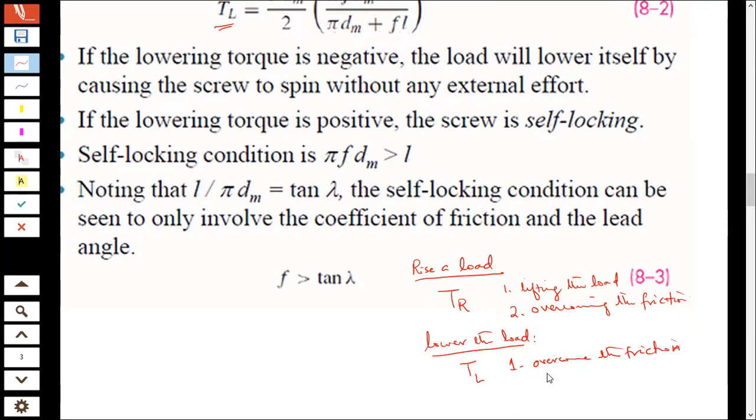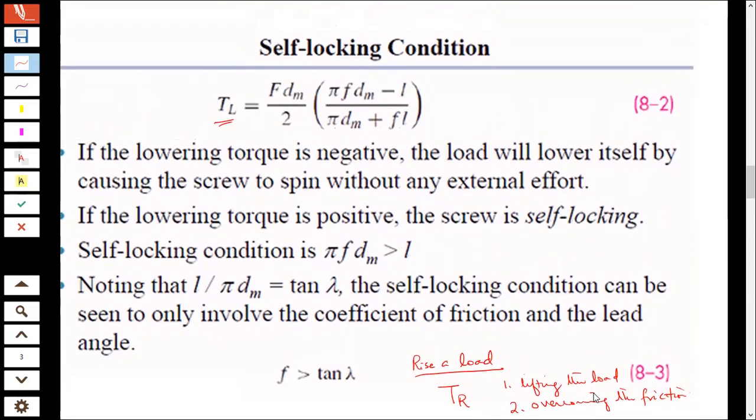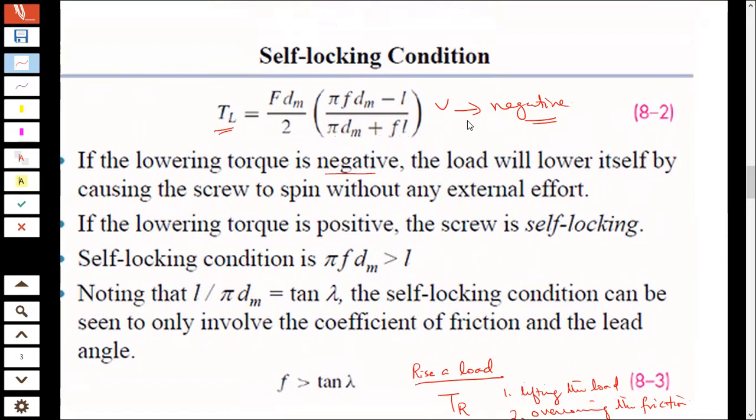So it's only the friction that is holding the load from coming down. Let's see, if we have this T L, the torque for lowering the load, and let's say you calculate this and it turns out to be negative, then what is going to happen? The load is going to come down by itself.